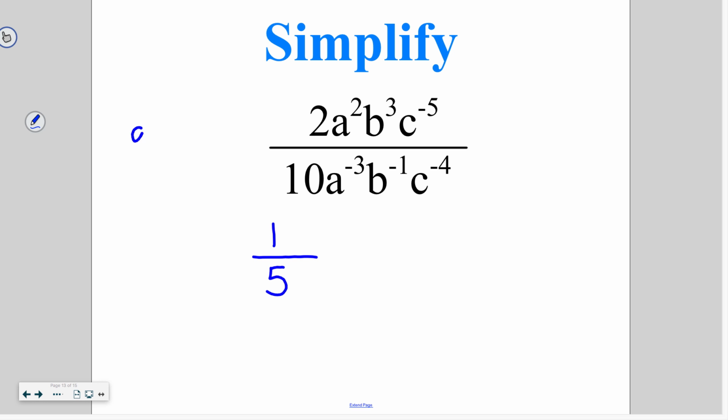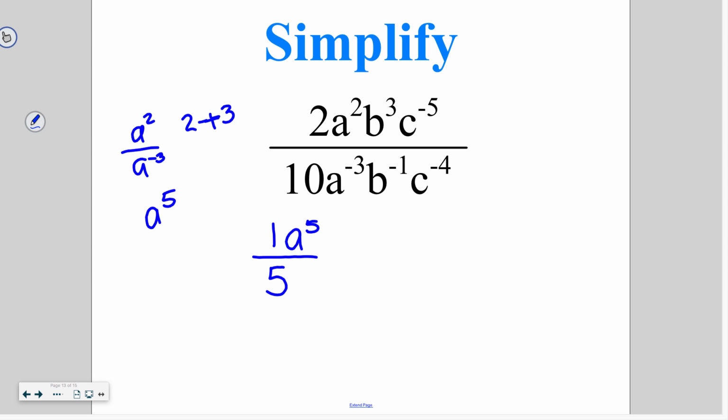So I've got a to the second divided by a to the negative third, which gives me 2 minus negative 3. Minus the negative turns into a positive. So I've got a to the 5th power. Since that is already a positive exponent, that is going to stay in our numerator.